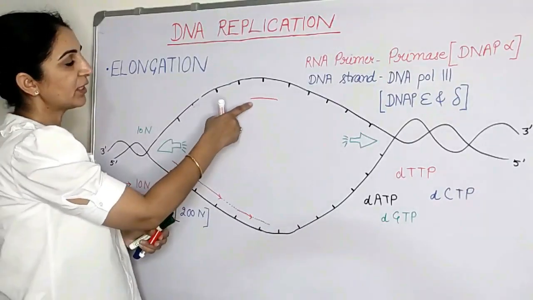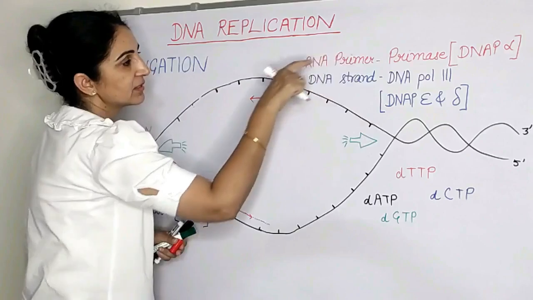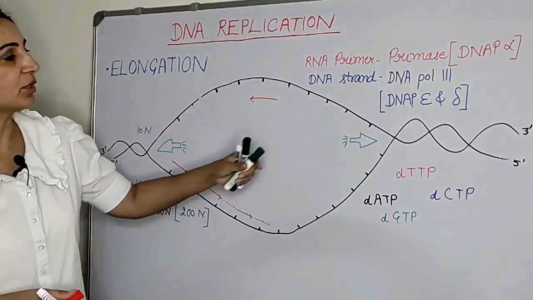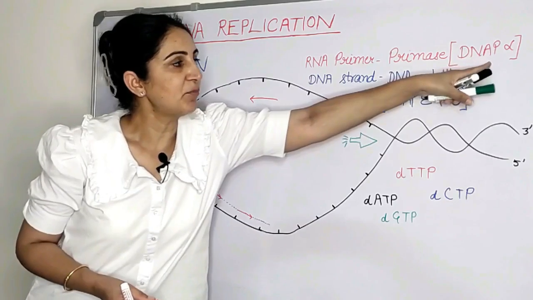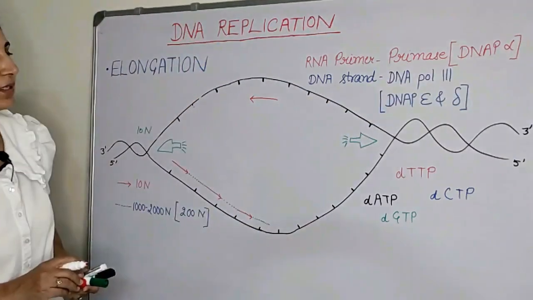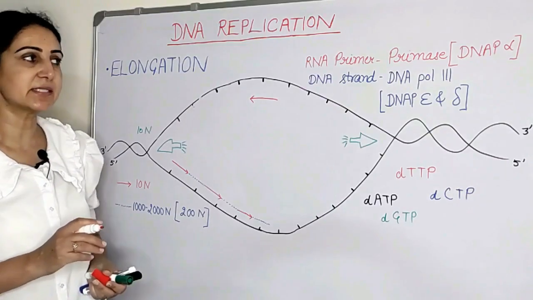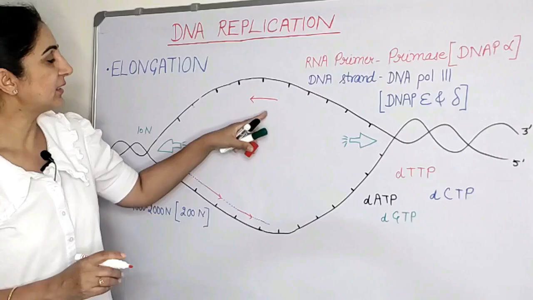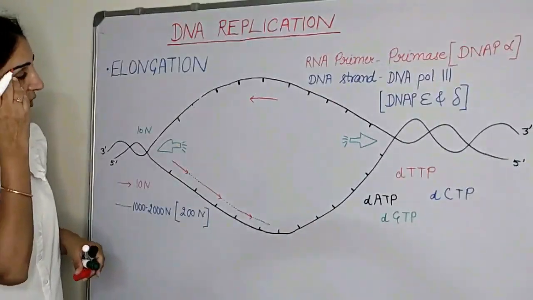In the case of E. coli, this primer is synthesized by the enzyme primase, and in the case of eukaryotes, there is an enzyme known as DNA polymerase alpha. This DNA polymerase alpha has primase as its subunit. So DNA polymerase alpha synthesizes the RNA primer in the case of eukaryotes.